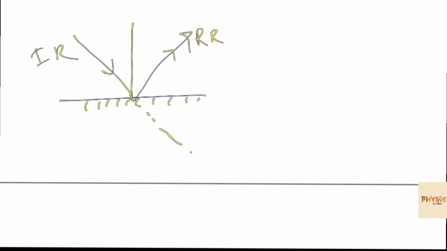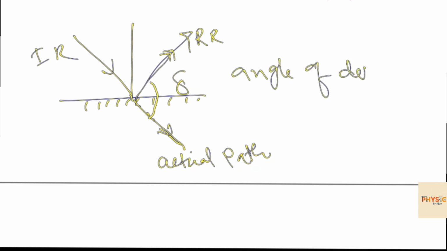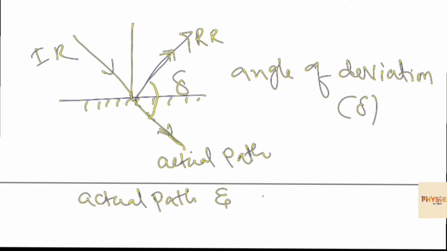The angle between the deviated path and the actual path of the light ray is called the angle of deviation. It is represented by delta.